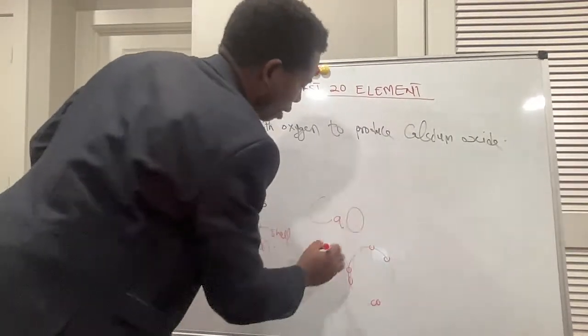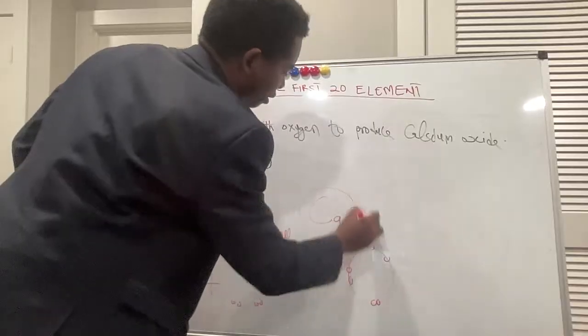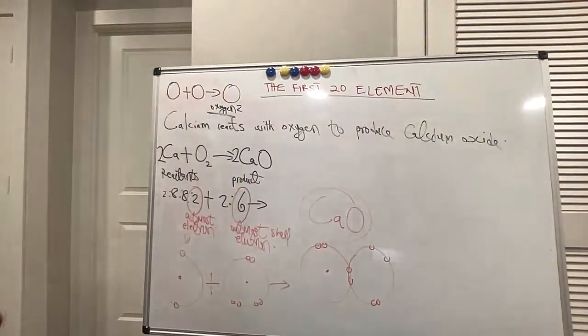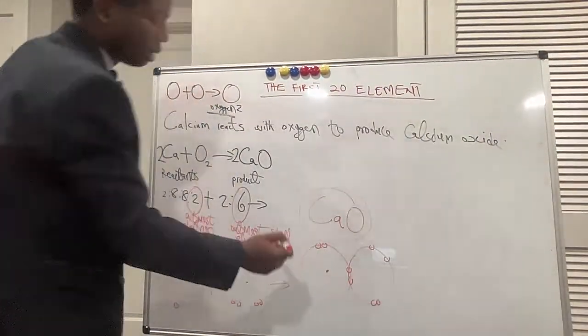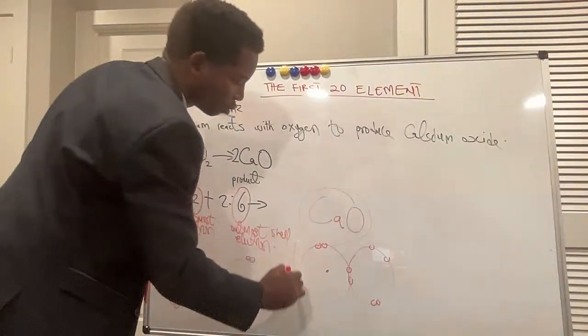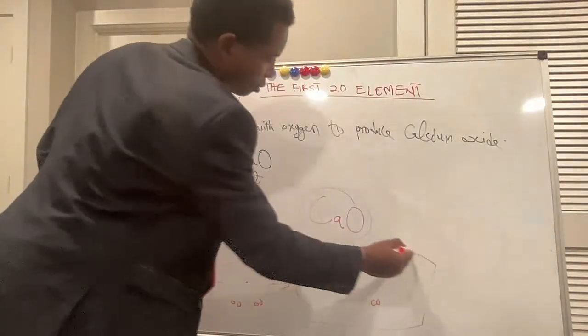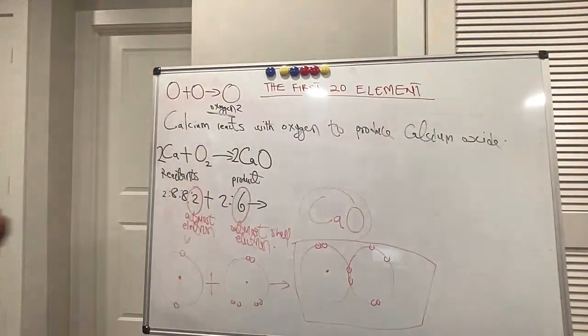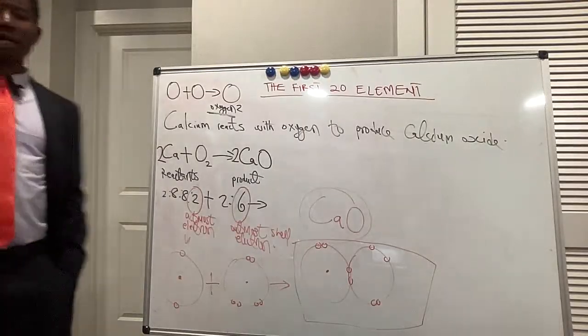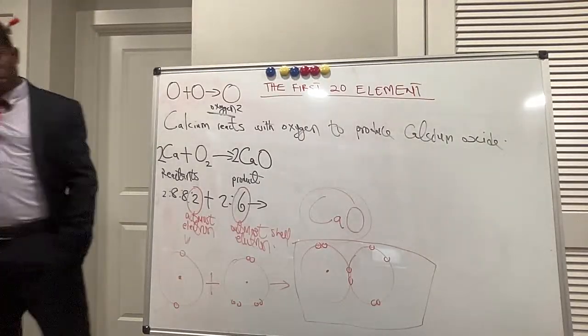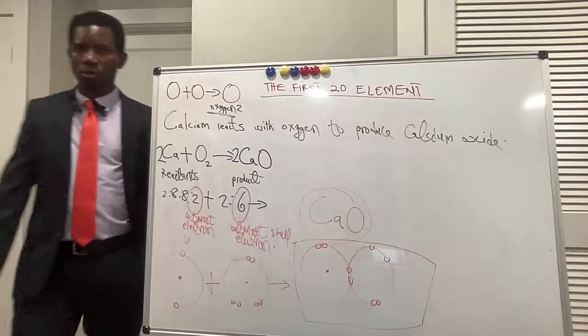This is calcium chloride, very stable. This is the diagrammatic representation of what? Of calcium chloride. Very, very stable.